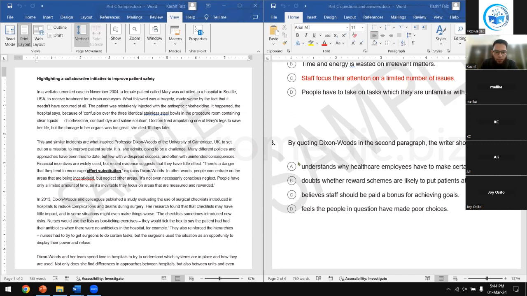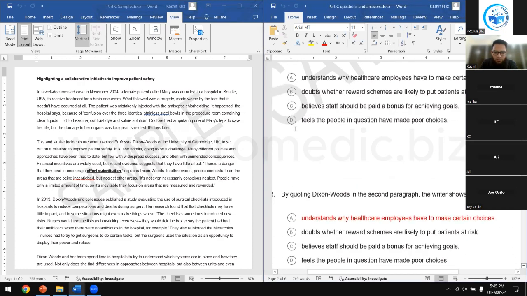B. Okay, there is one person who said the answer is B. What about other people? No, nobody is interested in answering this one. C. Okay. A or B? B maybe. Okay, let's see what the correct answer is.